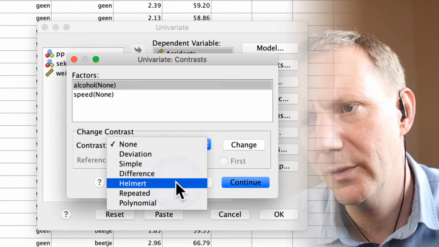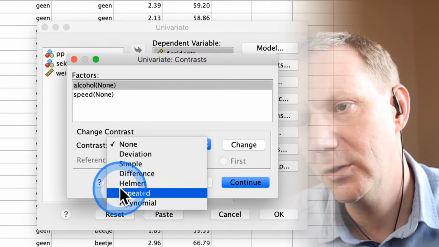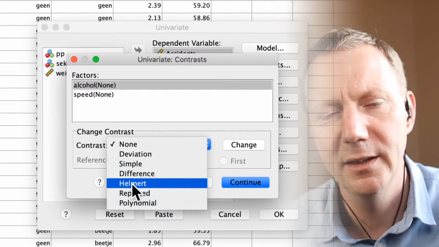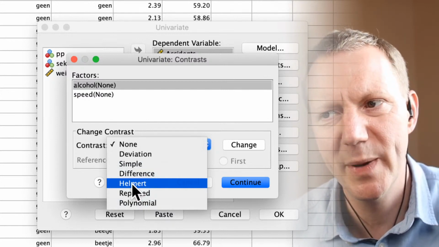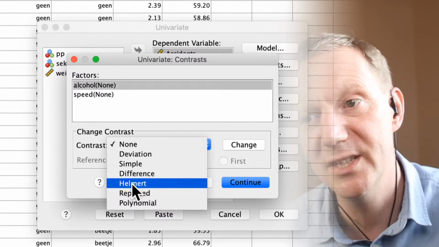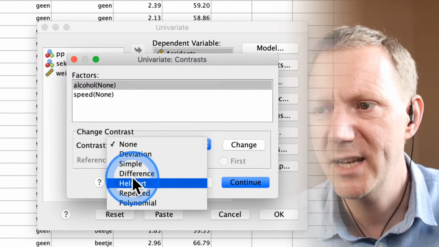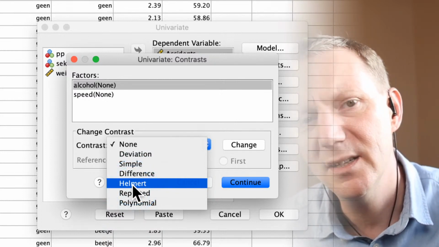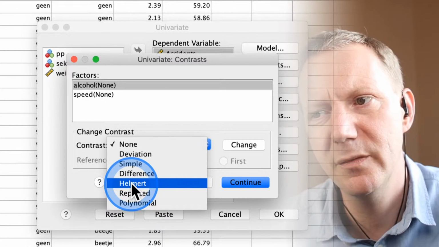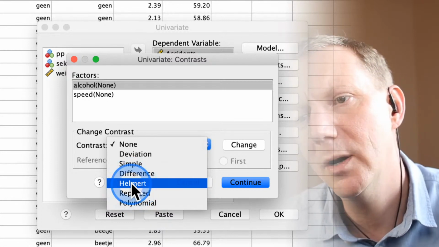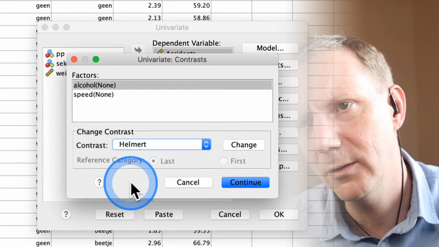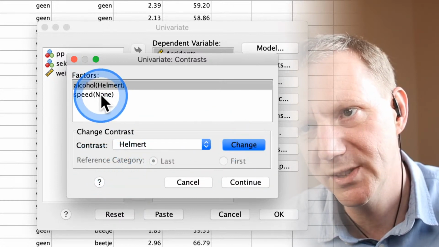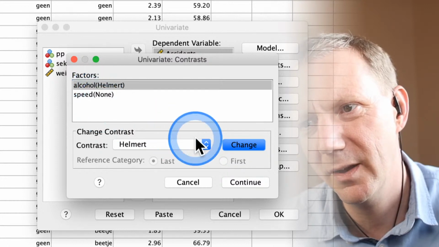I have stated before that the Helmert contrast is the one that is technically the best, in the sense that it respects the amount of variance that there is to explain. But as we've seen, I think yesterday also, it doesn't always give an answer to the specific questions that you have. So I'm going to do the Helmert contrast for alcohol, and I must remember to change this, because otherwise it will stay at none here and then nothing will happen.